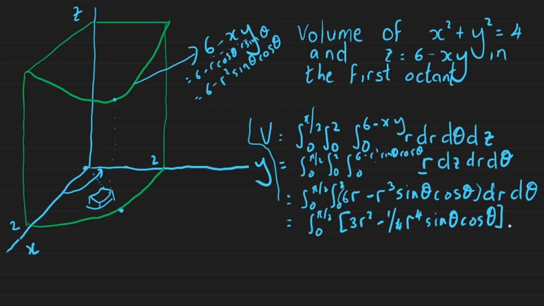And of course, this is integrated from 0 to 2. And then evaluating this by substituting in 2, what we get is 2 squared is 4, 4 times 3 is 12. And then 2 to the power 4 is 16, 16 divided by 4 is 4, and sin theta cos theta remains as is.